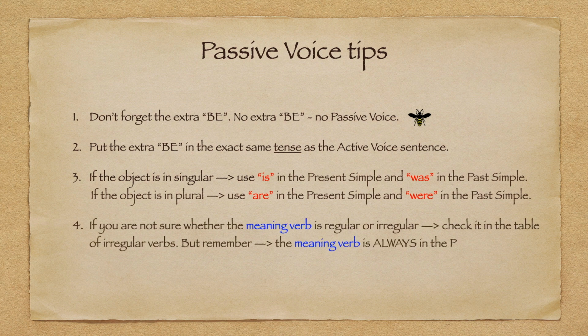If you are not sure whether the meaning verb is regular or irregular, check it in the table of irregular verbs. But remember, the meaning verb is always in the past participle. That's verb plus ed or verb in the third form.